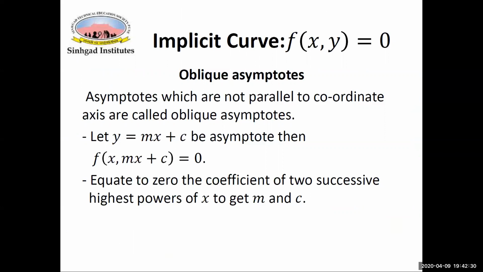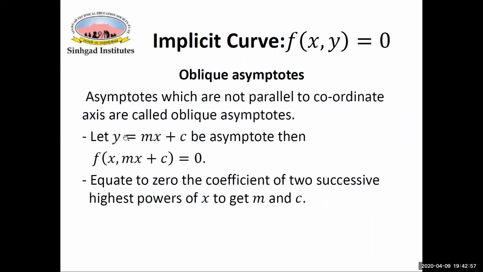Now the next is implicit curve, that is, in which we cannot express x completely in terms of y or y completely in terms of x. In case of implicit curves, we will not have straight asymptotes, we'll have oblique asymptotes. So the method for finding those oblique asymptotes is a little bit different.